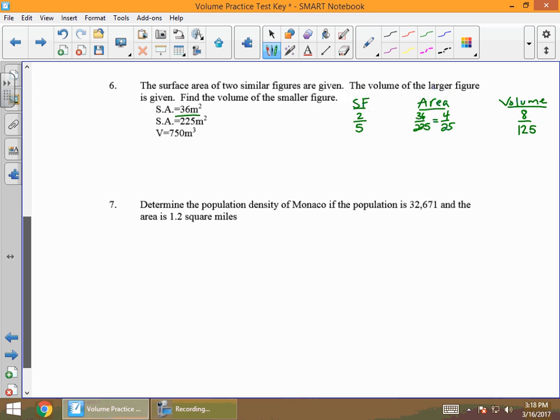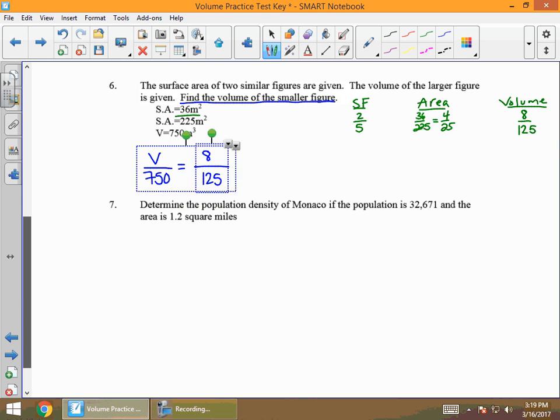And now what does this tell me? This tells me the volume. I have to find the volume of the small figure. Okay, so the volume of the small and the volume of the big one, they tell me is 750. I know that my ratio of volumes has to be in a ratio of 8 to 125.